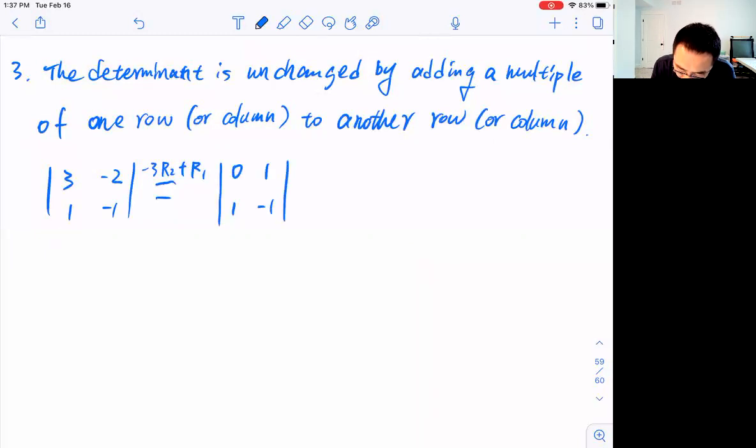Because -3 times row 2 makes this number -3 right here, and -3 plus 3 gives you this 0. And then -2 right here, plus this is -1 times -3 is +3, and -2 plus +3 gives you this +1. That's how we got these numbers. Okay.